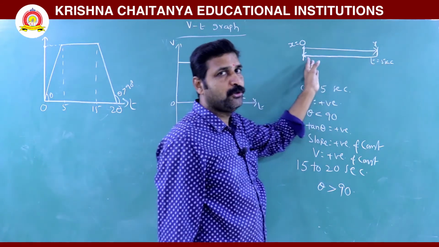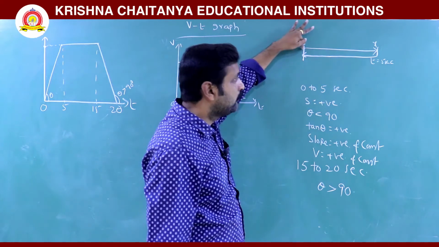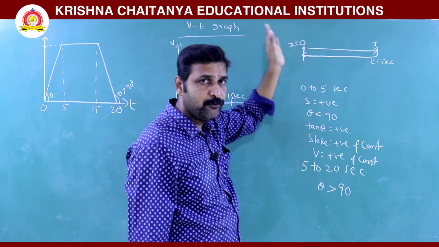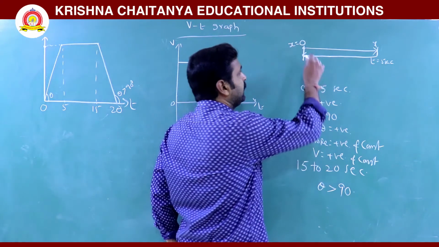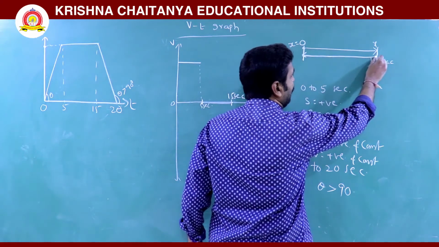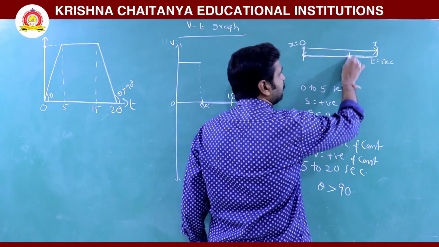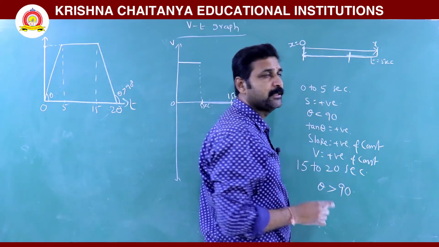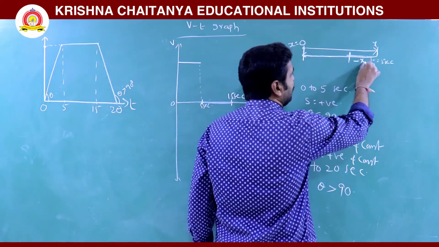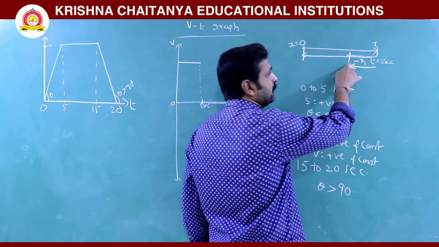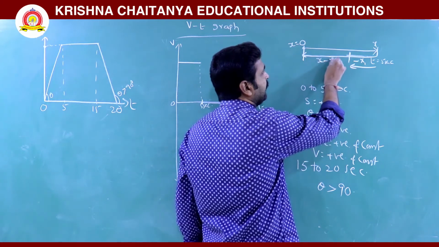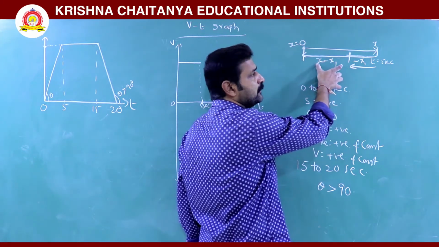Viewed from the origin, it travels x, and then it comes back by minus x1, so the remaining is x minus x1, which is positive.